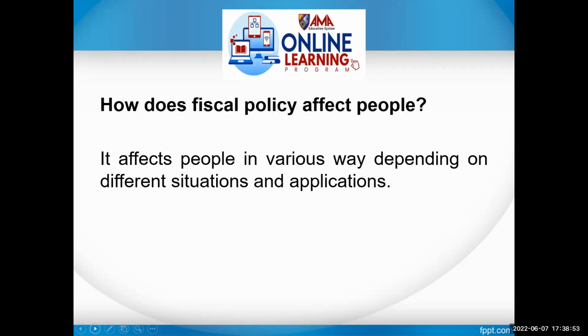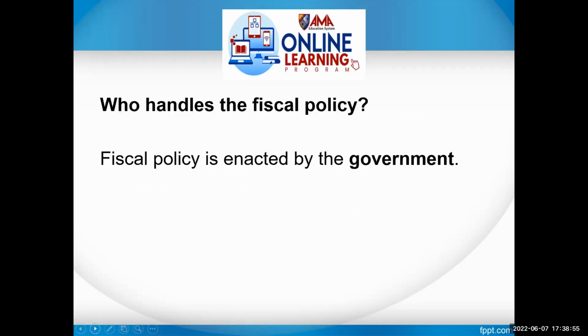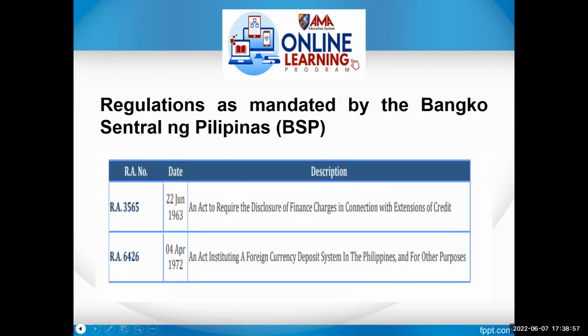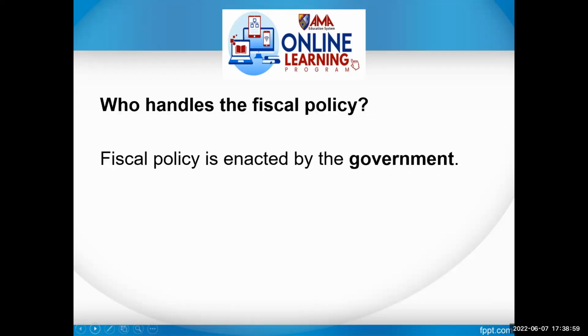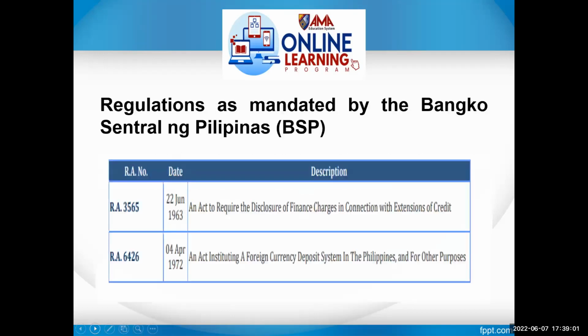So who handles the fiscal policy? We have already mentioned this. The government handles the fiscal policy. So let's take a look and browse and be aware of some regulations as mandated by the Bangko Sentral ng Pilipinas.